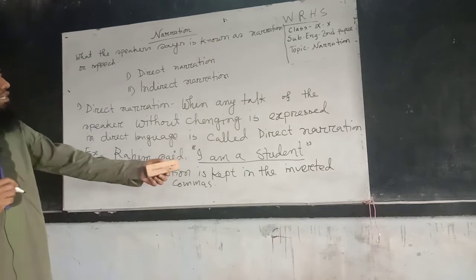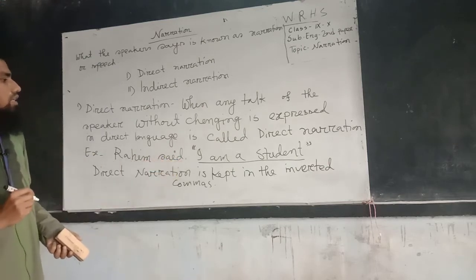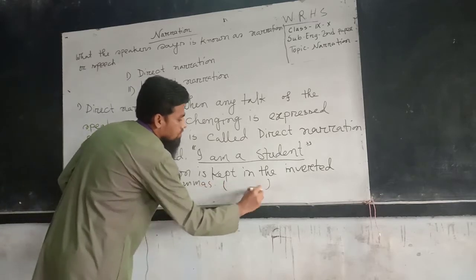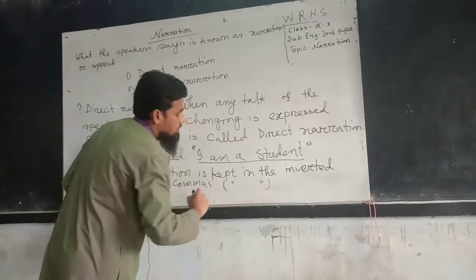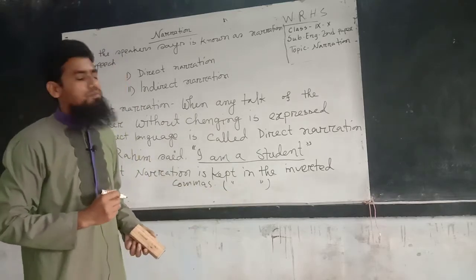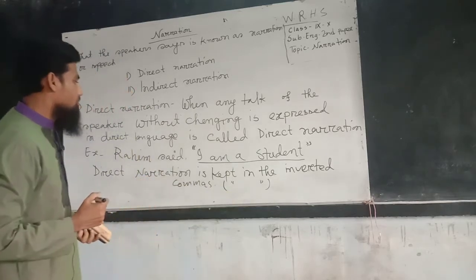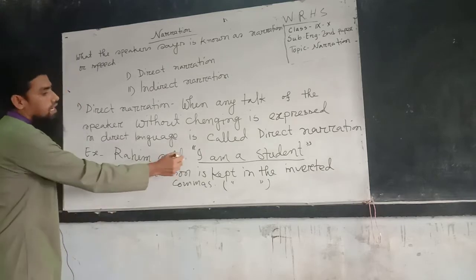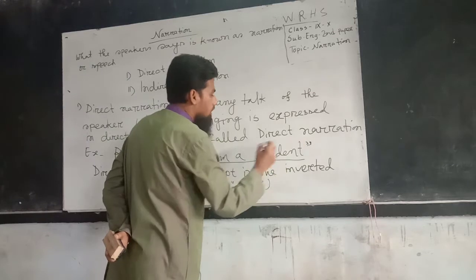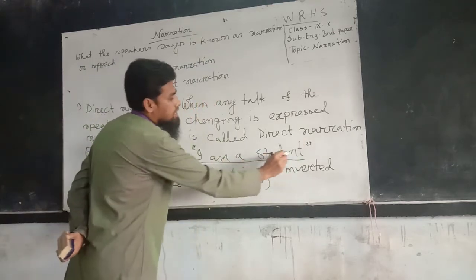The name of the sign is inverted comma. So Rohim said, I am a student. Here the sign name is inverted comma, and I am a student.